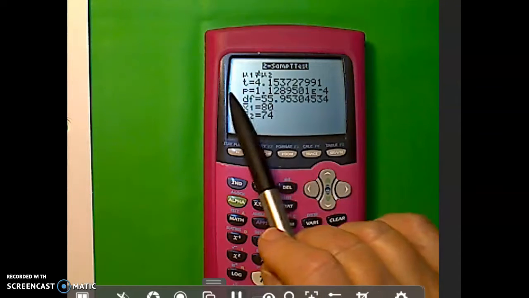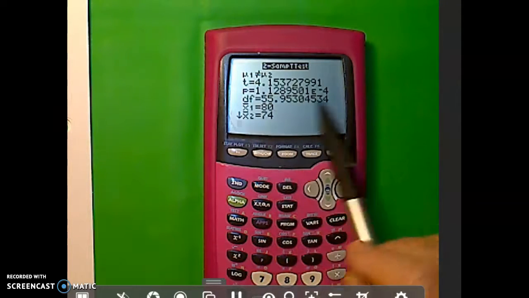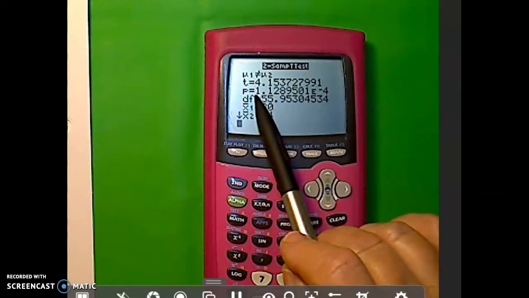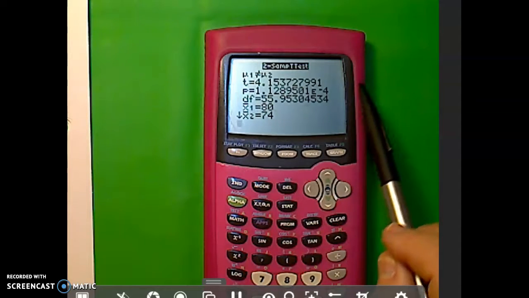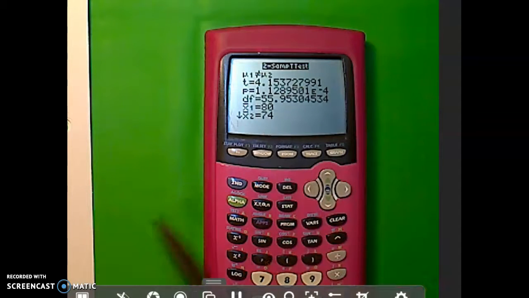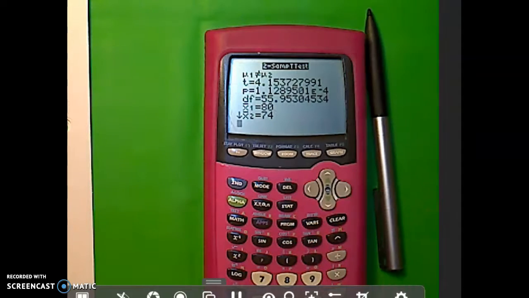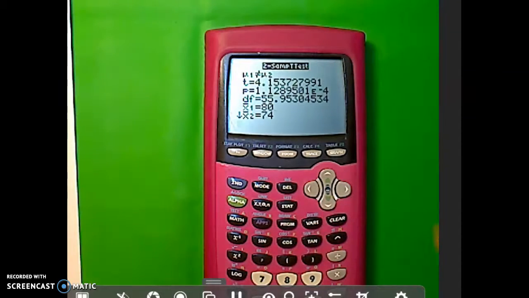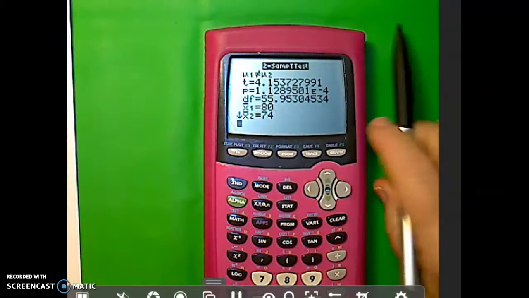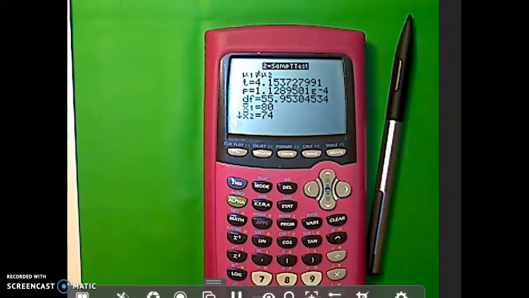So you've got to move the decimal place over 4 places to get that. Degrees of freedom is 55.95. In our slideshow, we wrote degrees of freedom as 56. Degrees of freedom needs to be a whole number, so you would just round there as appropriate.